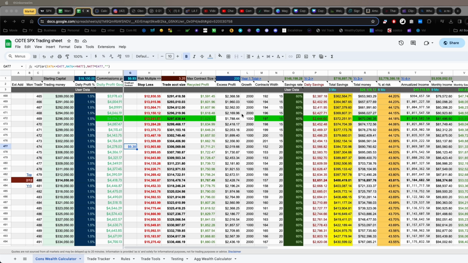So I wanted to talk about that a little bit more. And then once you get to these larger numbers, that's when you can start breaking stuff off to different tranches. I wouldn't put all my money in one strategy either. So that's when you start doing the wheels. That's when you start doing the weeklies and the monthly trades. That's when you start going into the leaps.